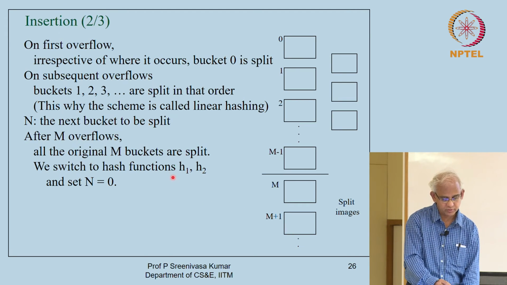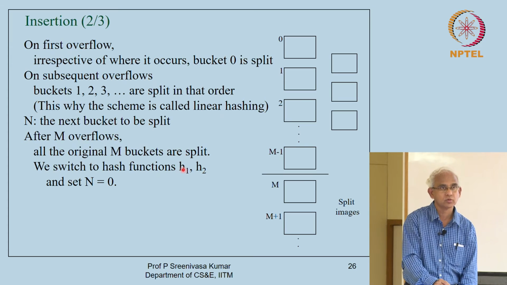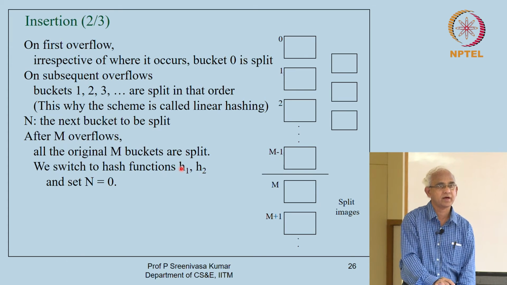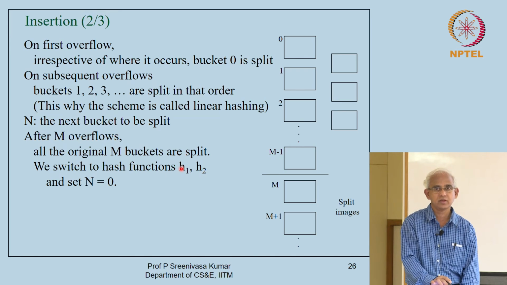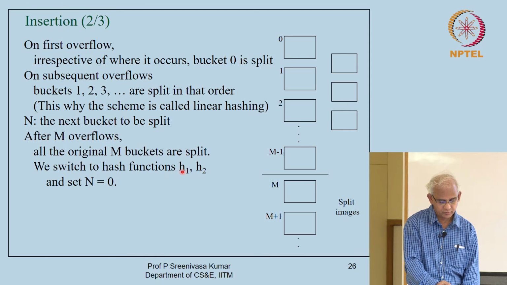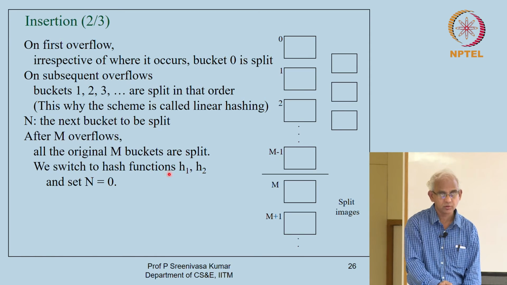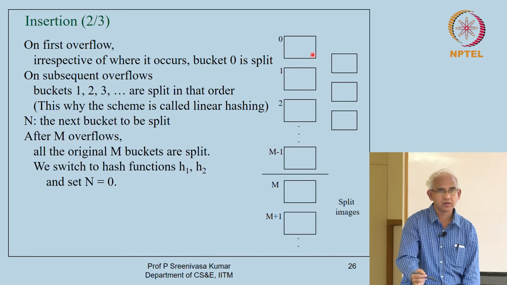Then what we will do at this point is to switch over from h0, h1 to h1, h2. We will switch over to the next pair of hash functions. So, h0 we have been using to start off, and then for redistributing the records from the bucket to its split image, we were using h1.